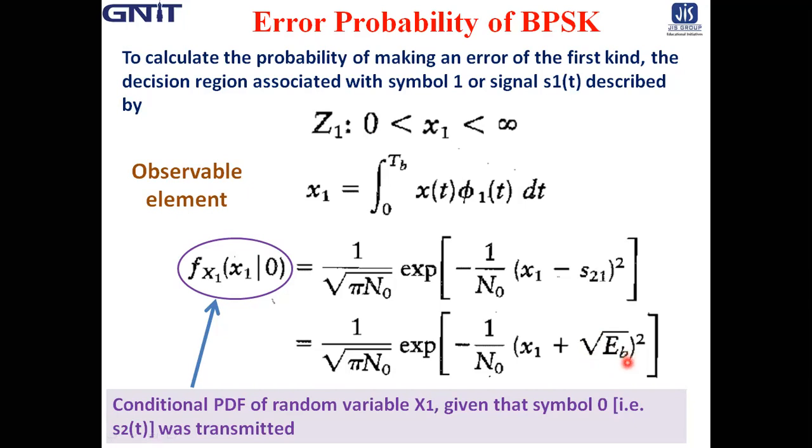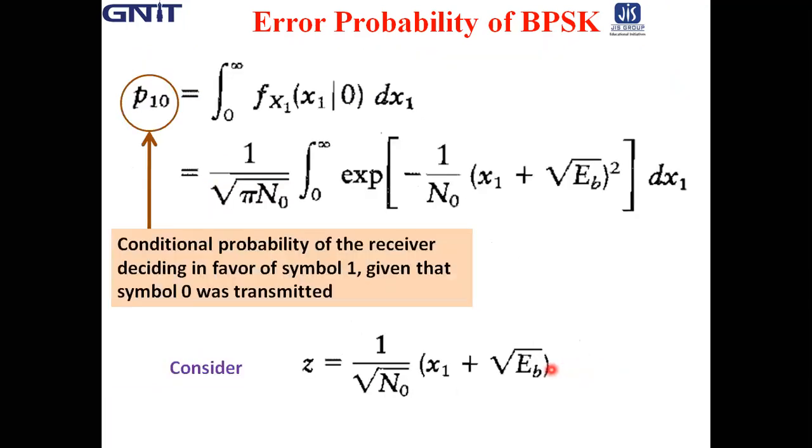So the conditional probability of the receiver deciding in favor of symbol 1, given that symbol 0 was transmitted, is P10, which is the integral from 0 to infinity of f(x1 | 0) dx1.